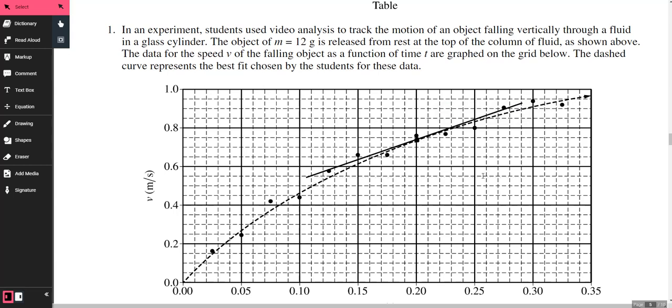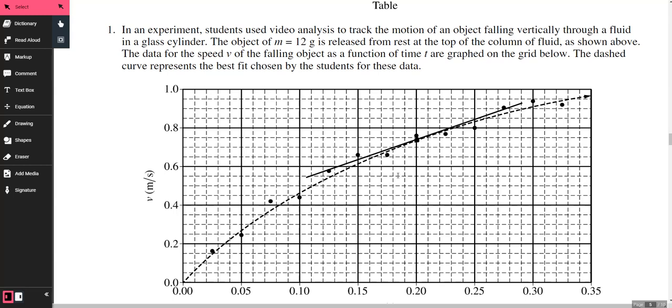So actually, that's a pretty good tangent line. What we're going to want to do is draw a line and then find the slope of that line. You don't really want to pick any data points that they're using, because any two that I choose will be slightly off.